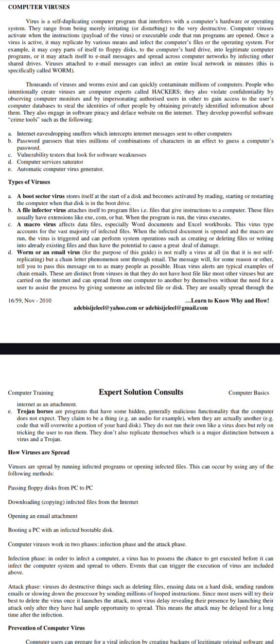How viruses are spread. Viruses are spread by running infected programs or opening infected files. This can occur by using any of the following methods: passing floppy disks from PC to PC, downloading infected files from the internet, opening an email attachment, or booting a PC with an infected bootable disk.